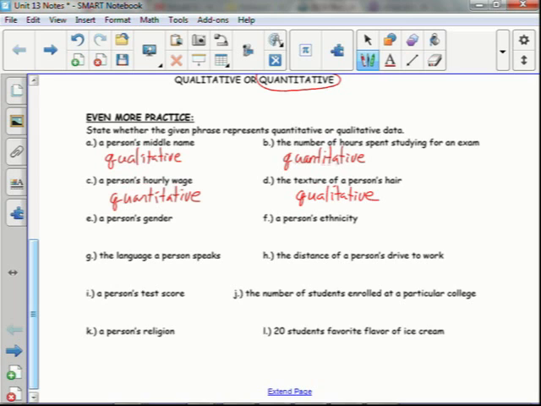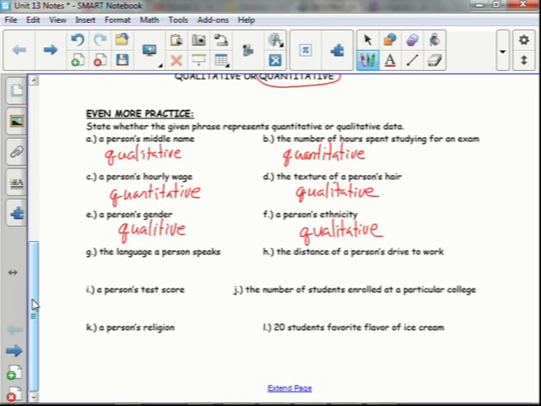A person's gender. Qualitative. Again, it's not a number. A person's ethnicity is going to be qualitative. The language a person speaks, that's going to be qualitative.